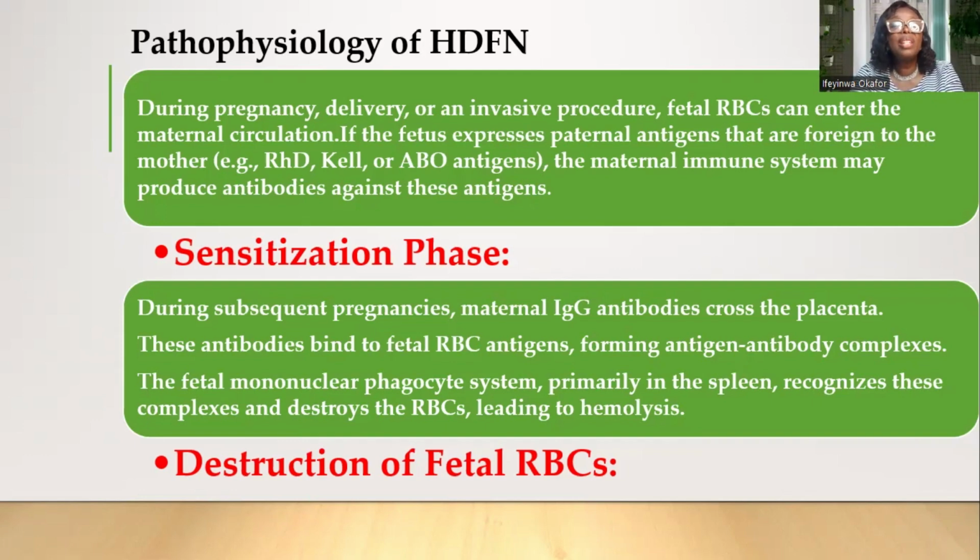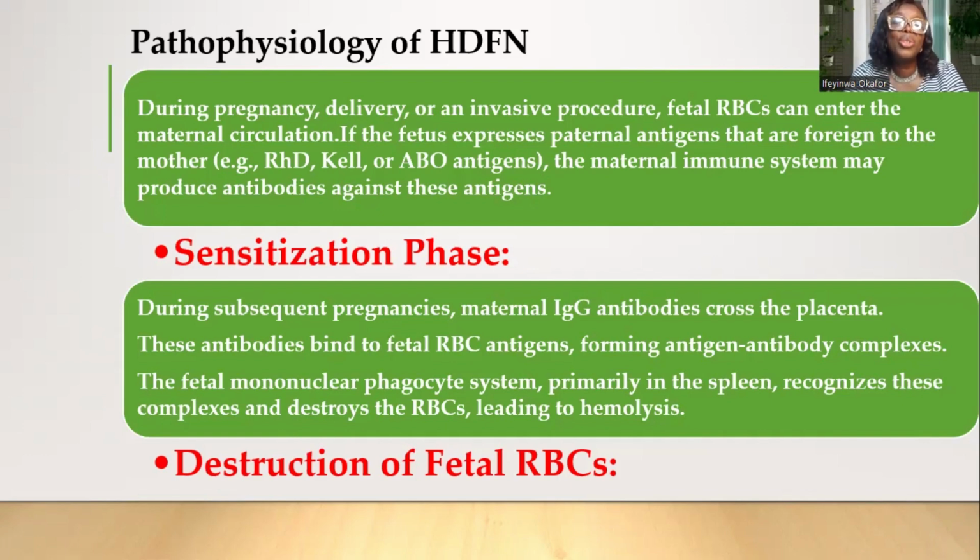The sensitization phase is a situation where we have what we call fetal maternal hemorrhage, a little portion of the baby's blood leaking into the mother's circulation, either during pregnancy, during delivery, or during any form of invasive procedure. When this happens, if the baby has any antigen that is alien to the mother's circulation, it can elicit an immunological response in the mother, producing antibodies.